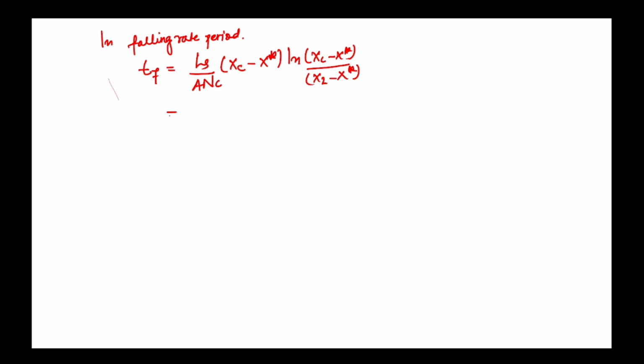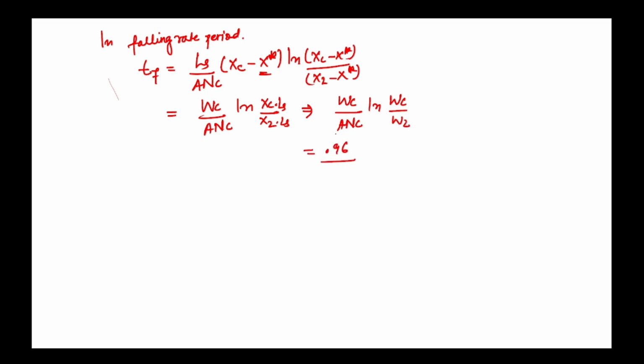Now Ls upon A Nc, similarly Wc upon A Nc, with X equilibrium 0, ln Xc upon X2. If I multiply Ls in numerator and denominator, then Wc upon A Nc ln Wc upon W2. So we have 0.96 as the complete value, A is taken care of by this, divided by Nc, 1 ln 0.96 divided by 0.24. So this will give 1.33.